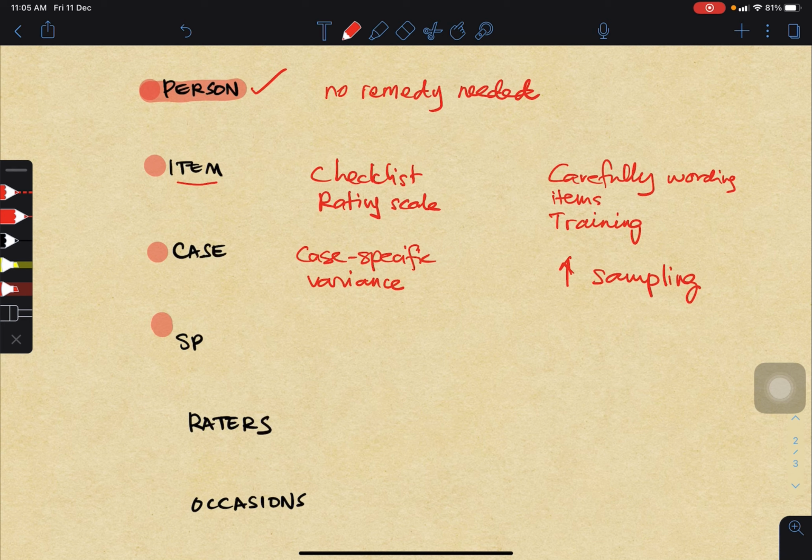The next source of variance is the standardized patients. Standardized patients can portray cases incorrectly, or different standardized patients vary in how they portray the case. So the strategy would include training and quality assurance methods.